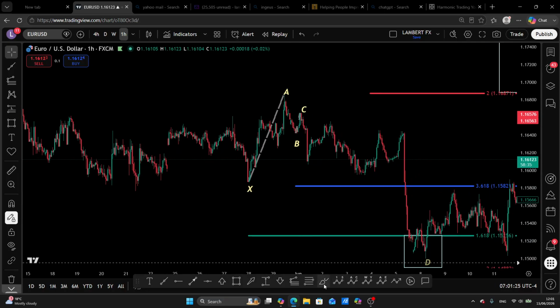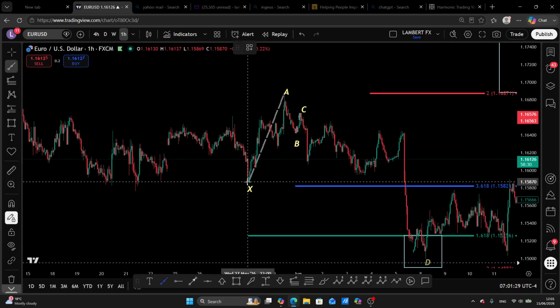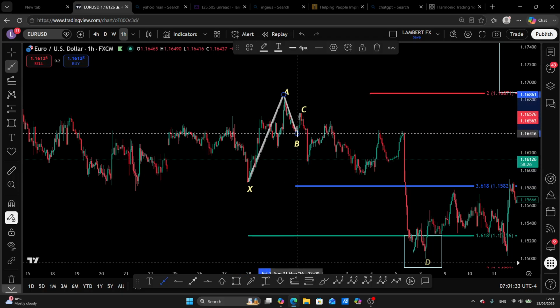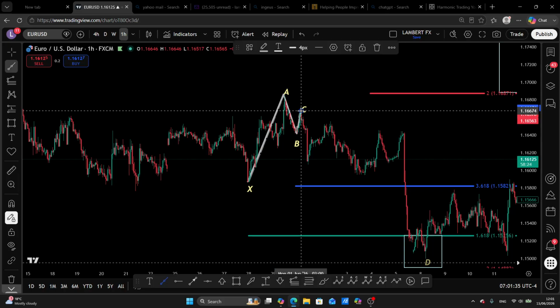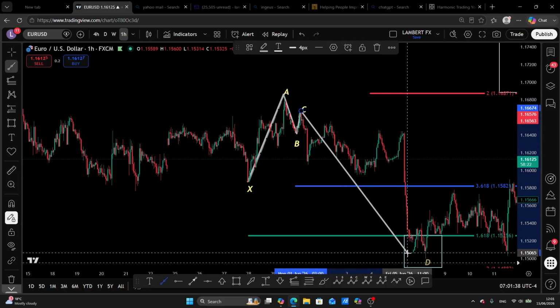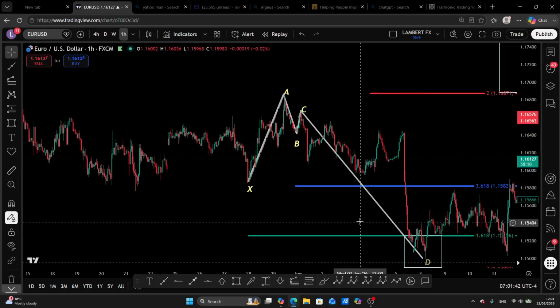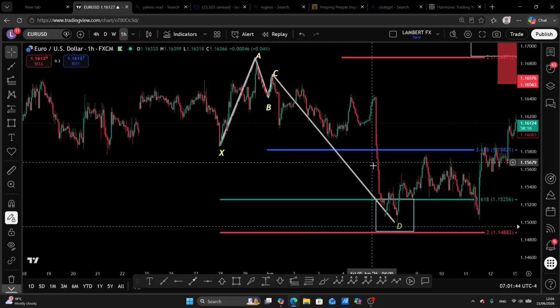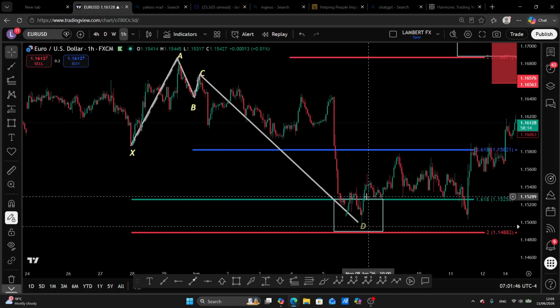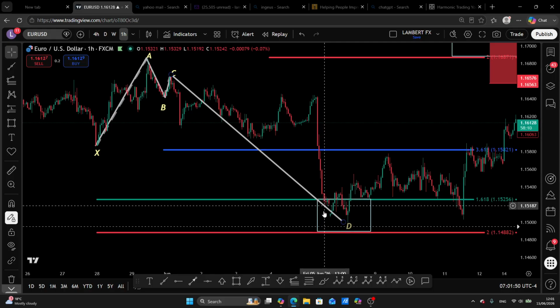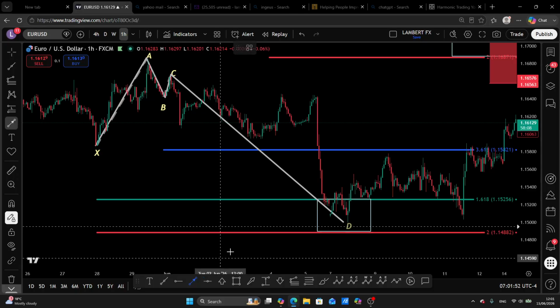So let me just plot it. So we have our X to A, our B here, our C there, and then our D completed here. So as you can see, like I said, most of the times you have your D leg breaking 1.618, which it did right here.